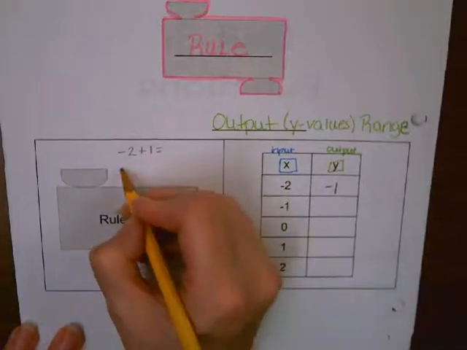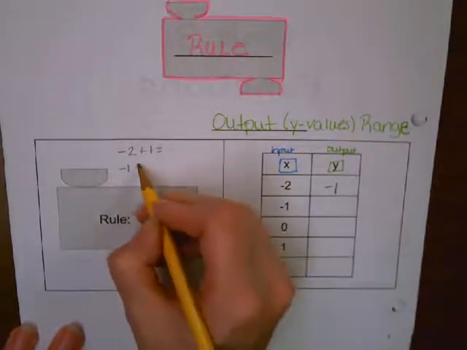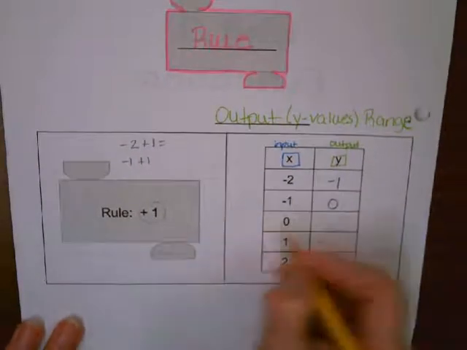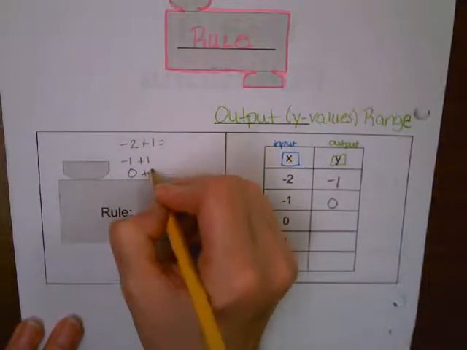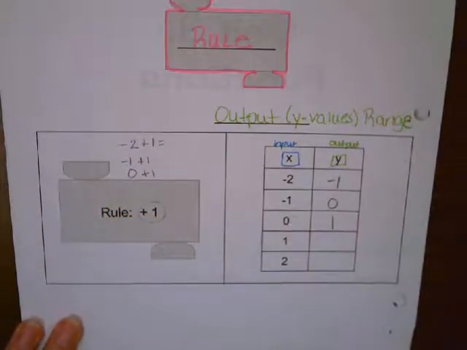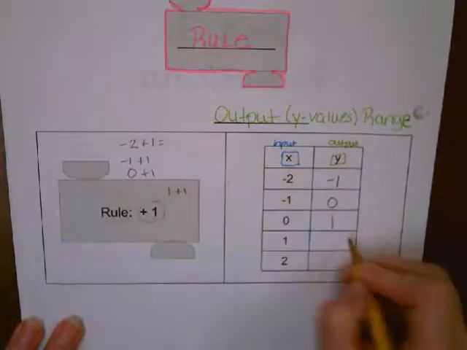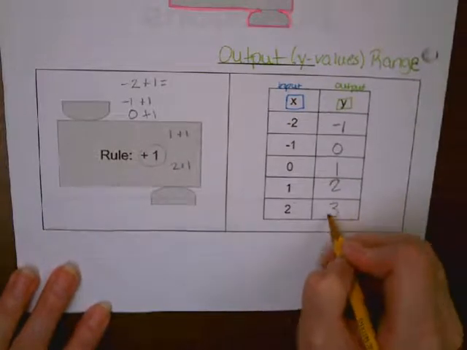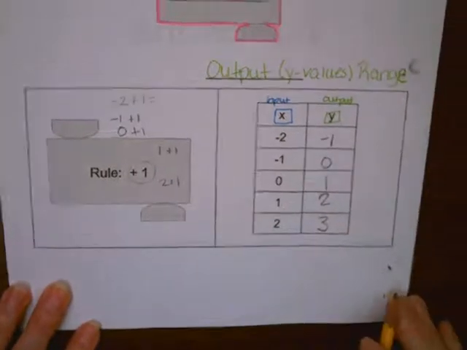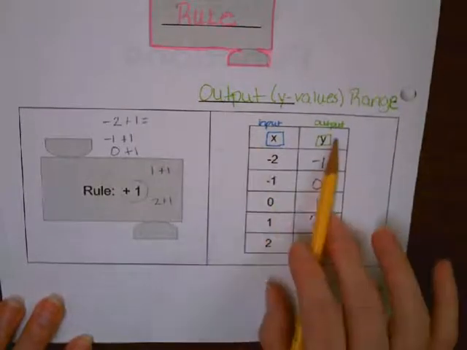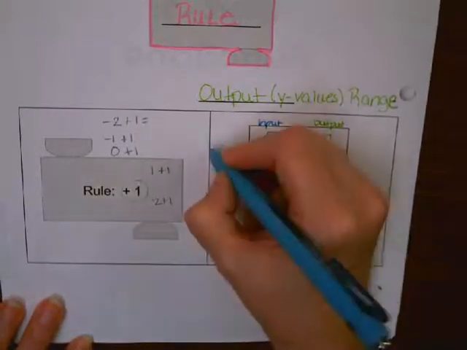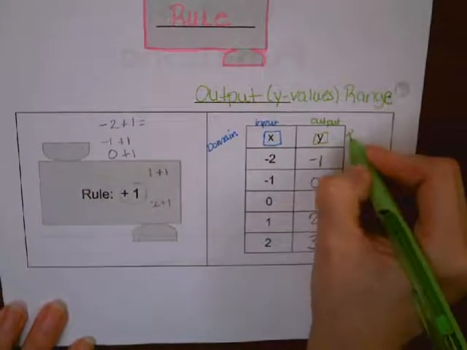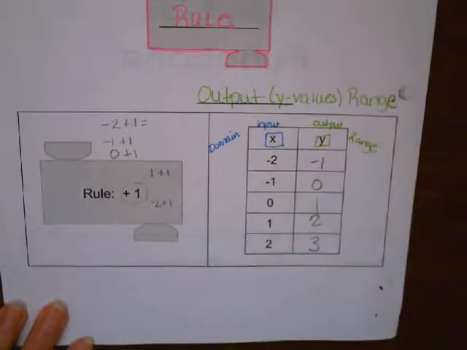What if I put in a -1? -1 plus 1, 0. What if I put in a 0? 0 plus 1. What if I put in a 1? What if I put in a 2? Okay? Input, output. We have domain, and we have range. Okay? Turn the page.